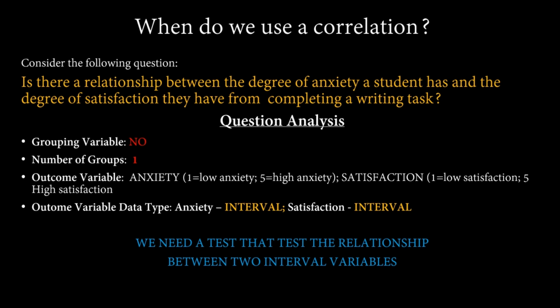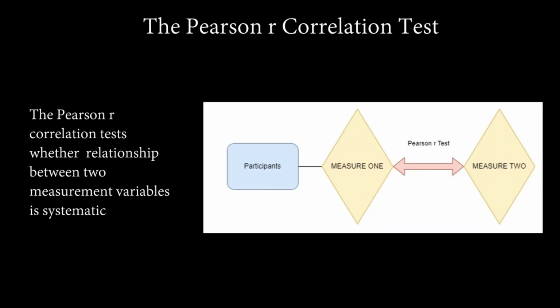What type of data are these variables? Well, they're interval. Both of these variables are interval data. So what do I need? I need a test that tests the relationship between two interval variables. Okay, here we have a schematic drawing of how the Pearson R correlation test works. Let's take a look at it together.